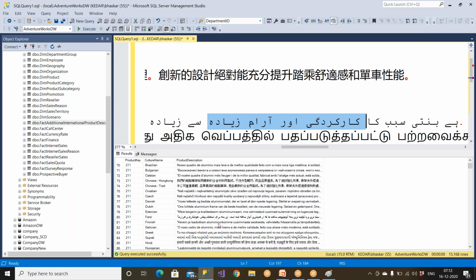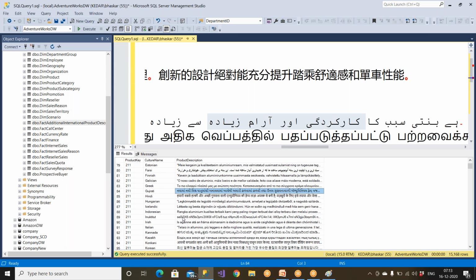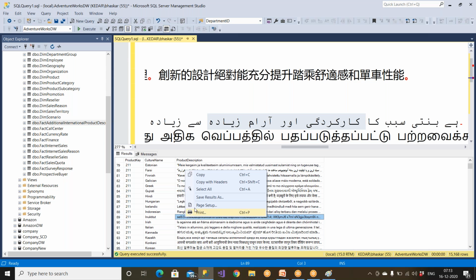Clear? If you go to Dubai and the Middle East, most of the time they don't understand English. They speak in Arabic. Arabic has a good script. Most of the applications, Java, .NET, take Arabic data and process that data. Clear? So this is Gujarati data, one more Indian language. And this is, I don't know what this language is.